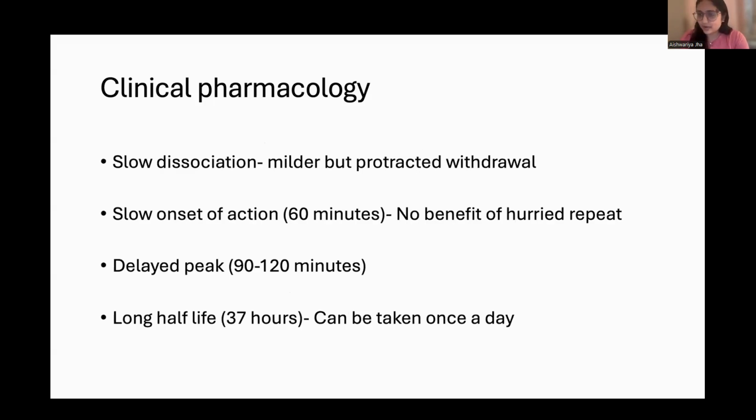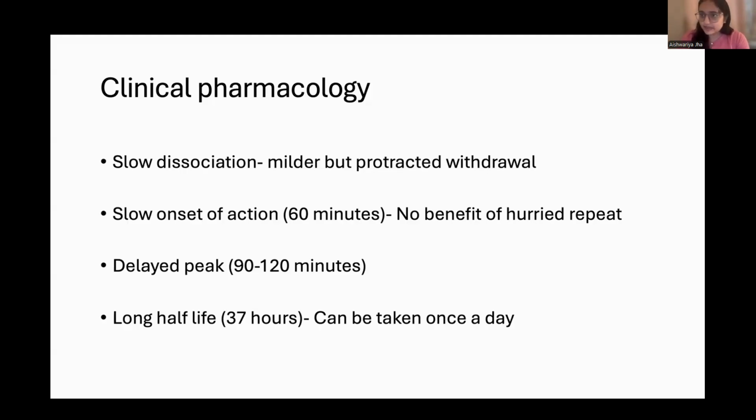So why is this important? Because it slowly dissociates from the mu receptor, there is a milder but more protracted withdrawal. So the withdrawal isn't as harrowing as perhaps the withdrawal of heroin, right? It has a slow onset of action, so there is no benefit of hurried repeat, and therefore the person would not continuously pop this pill as opposed to what usually happens with illicit drugs.